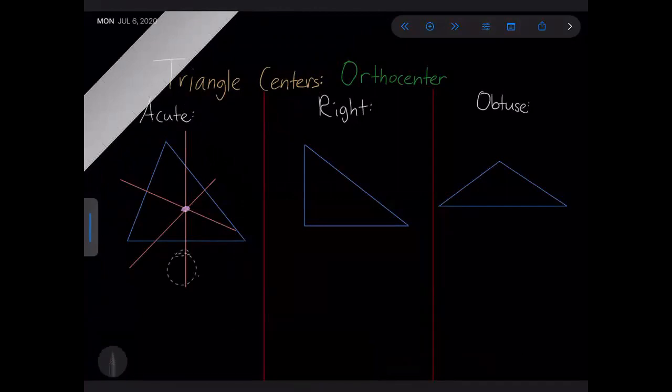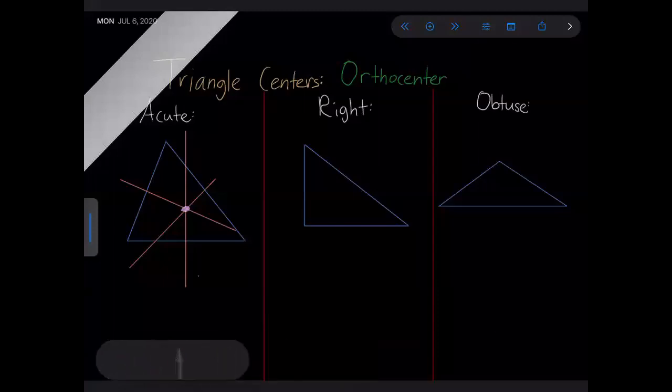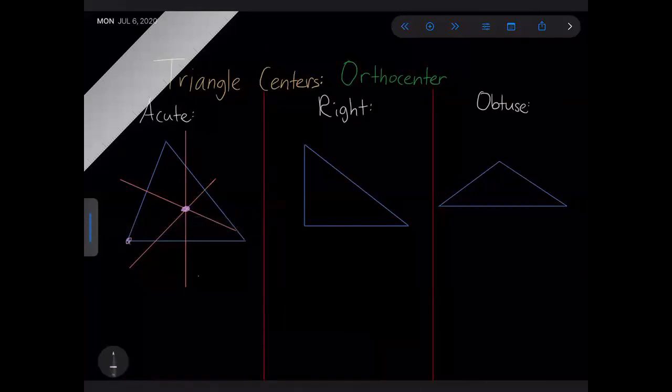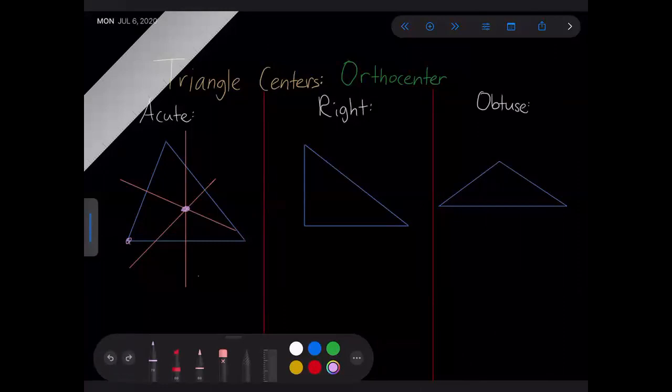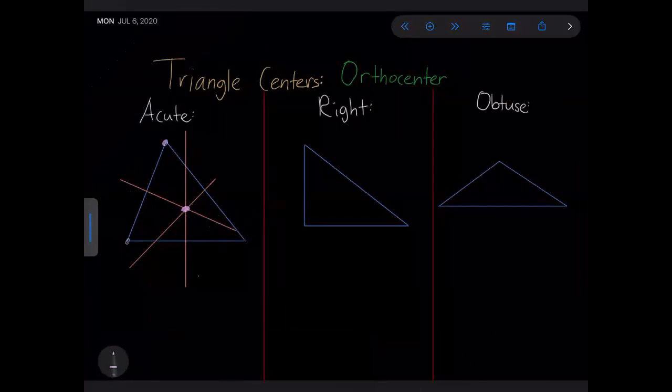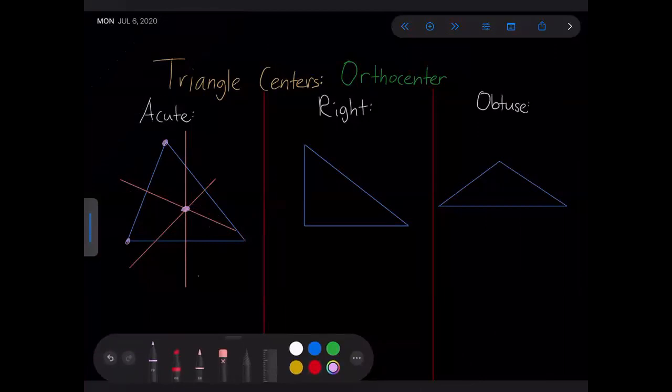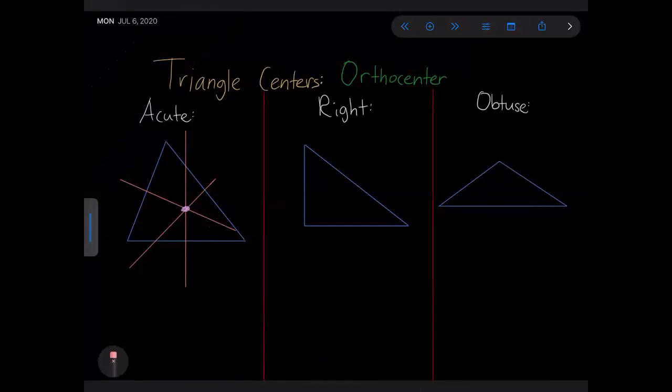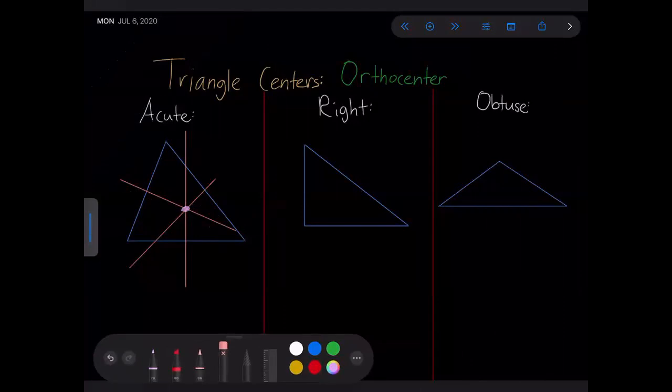So this line right here is going to be equidistant from this vertex and this vertex, and this line over here is going to be equidistant from this vertex and this vertex. So just like the incenter, there's a point where we are equidistant from all three. And that is our orthocenter.